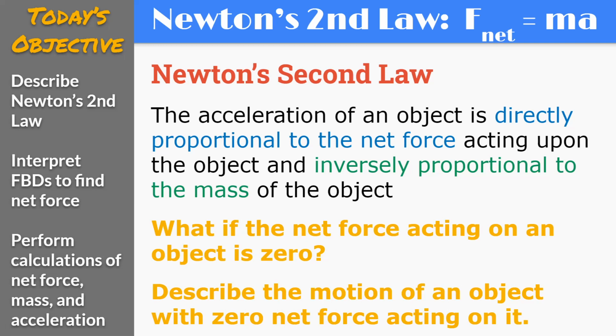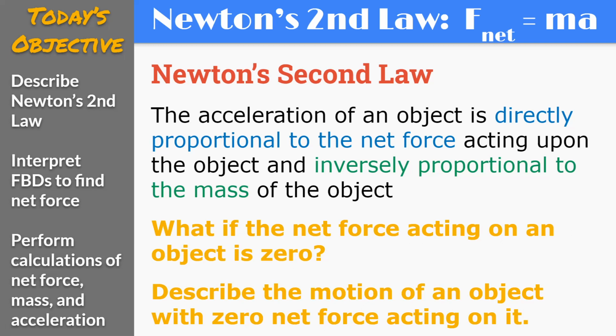So here's a question. What if the net force acting on the object is 0? We have the equation. So what do you think would happen if the net force was 0? What would the motion of that object look like? Anybody have any thoughts? Zero would be falling. Sorry? Never mind.